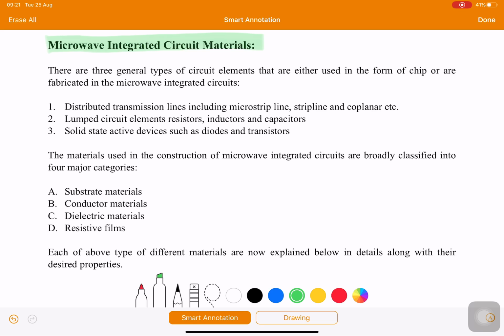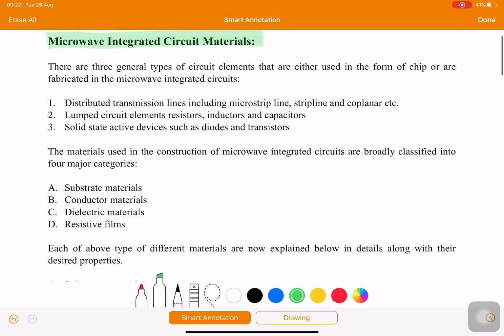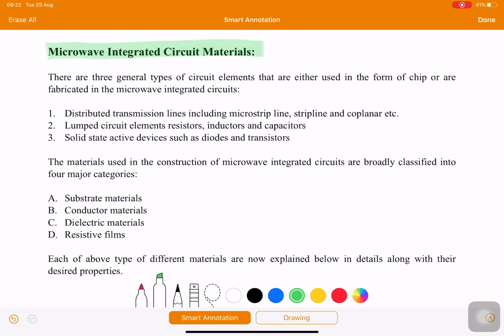We already know from the definition of hybrid microwave integrated circuit that the discrete components, including passive devices and active devices, are taken from outside and bonded onto the substrate or soldered. Okay, in the case of monolithic microwave integrated circuit, we saw that the passive devices and the active elements are grown directly onto the substrate, right?